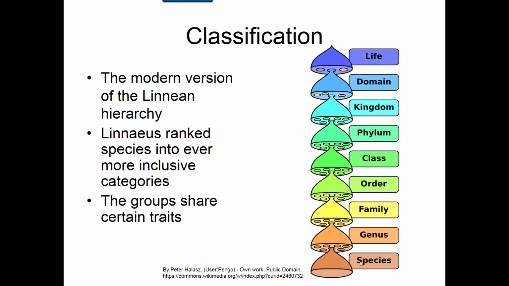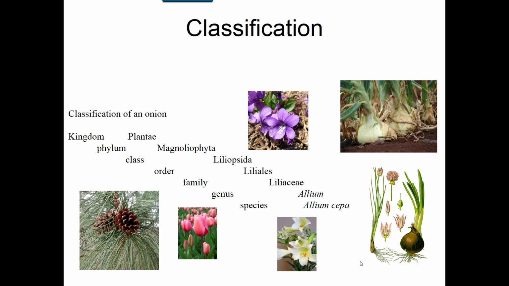So I'll give you an example of that for a plant. This is the plant with the Latin binomial Allium cepa. You are probably really familiar with this plant because it's a common vegetable. So this is the onion. And I don't have the domain on here, but the onion would be in the domain Eukarya. And so that's the huge group of life forms that all have eukaryotic cells.